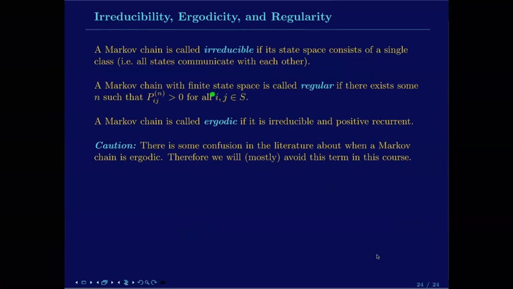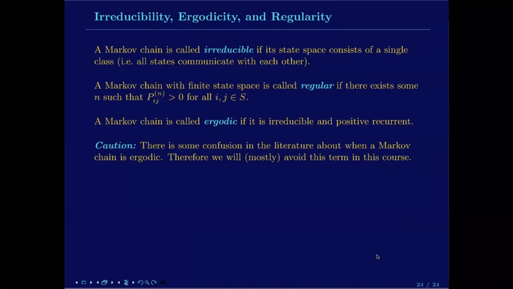A Markov chain with finite state space is called regular if there exists some n such that the n-step transition from i to j has a positive probability for all possible states i and j. So the n-step transition matrix has only positive entries.